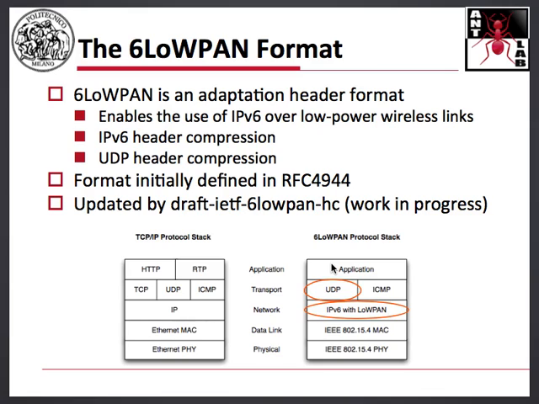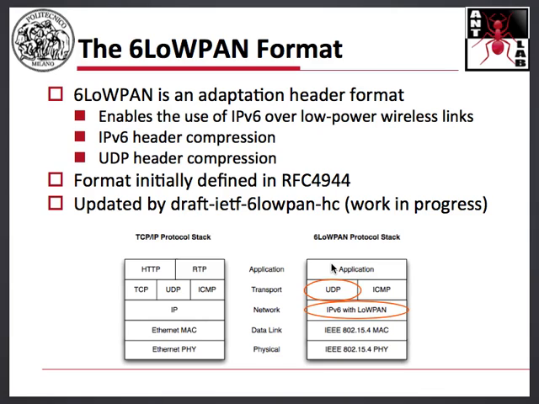So basically you have an application, then you have UDP, you have your IP version 6 with adaptation functionality, and then down here you have your physical and access control layer. And since UDP also adds headers to the application information, the adaptation functionality at the IPv6 layer is also compressing the UDP header. Okay?